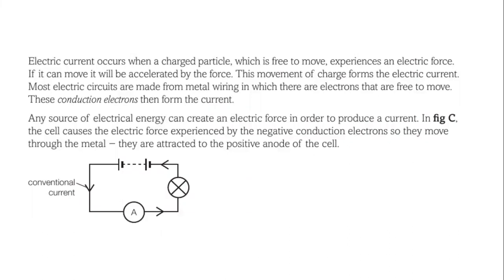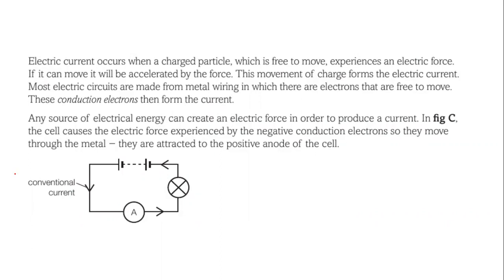The movement of electrons is known as electrical current, so the charge flows from negative to positive.